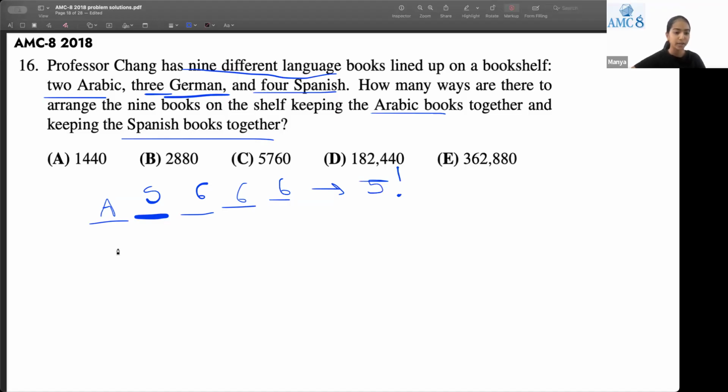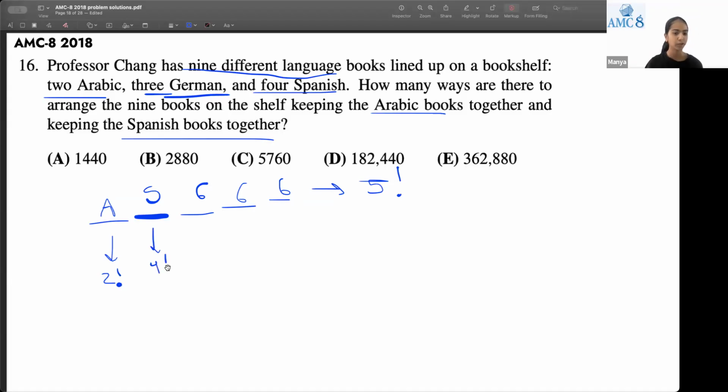Inside the Arabic ones, since there are 2 Arabic books, we can arrange the Arabics as x and y or y and x. So in the Arabic books, there's going to be 2 factorial, since you can arrange the Arabic books in any way in just that 1 unit. The Spanish books, on the other hand, have 4 factorial, since you can arrange them in any way possible.